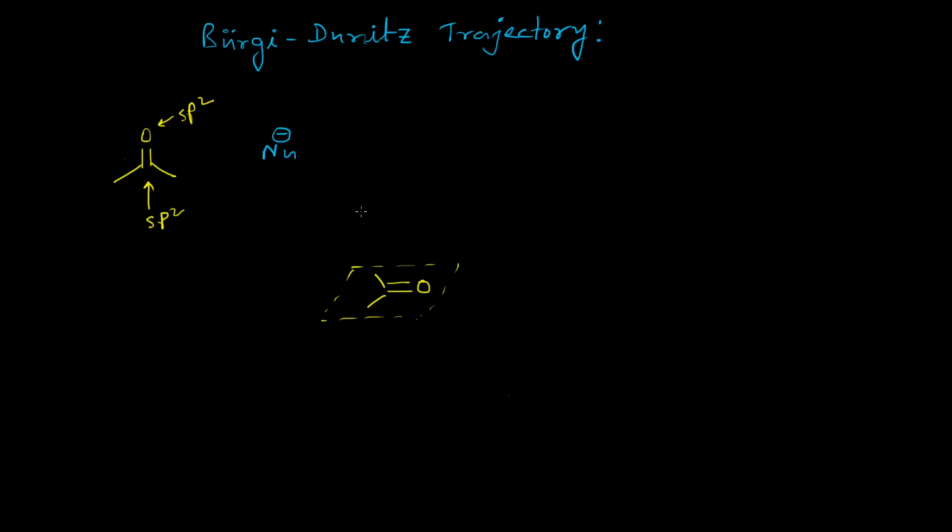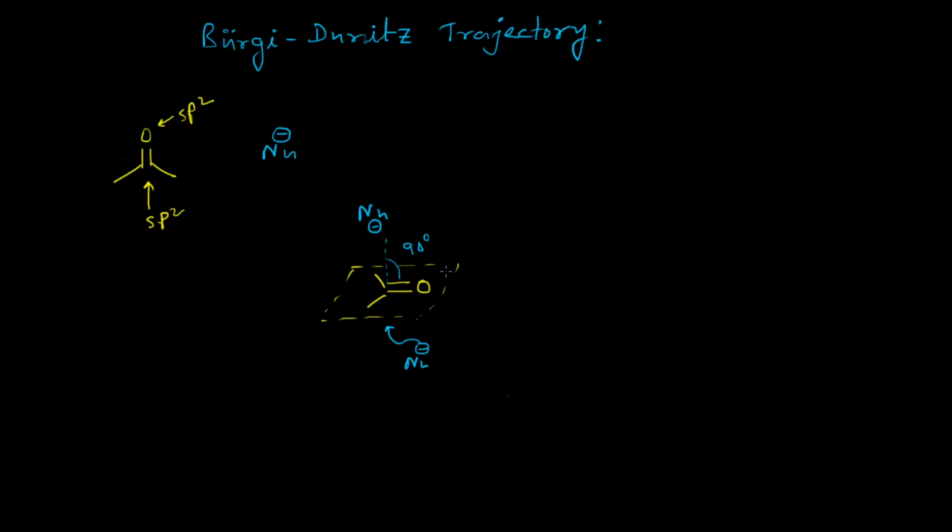From the apparent view, we can say that this nucleophile must attack this carbonyl carbon atom at a 90-degree angle. That is, the angle between this nucleophile and this carbon-oxygen double bond should be 90 degrees. And the same situation should be followed when the nucleophile attacks from the bottom face of this molecular plane.